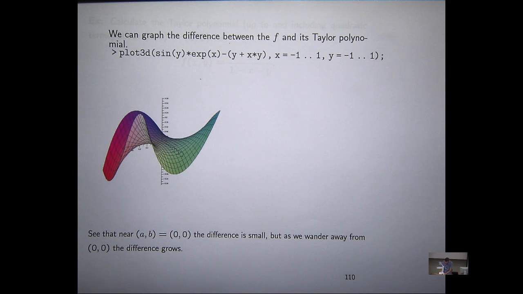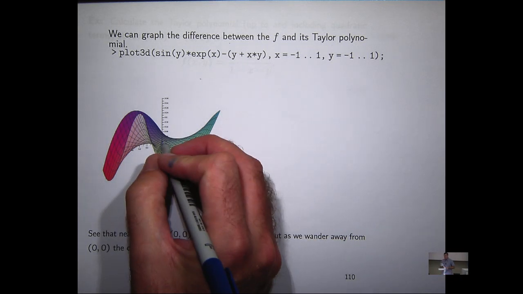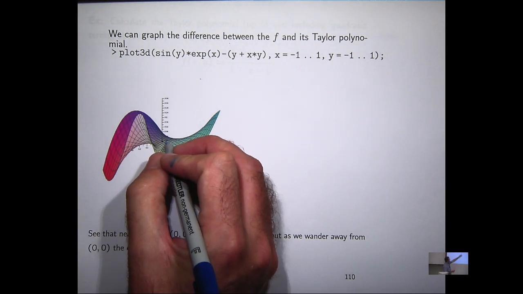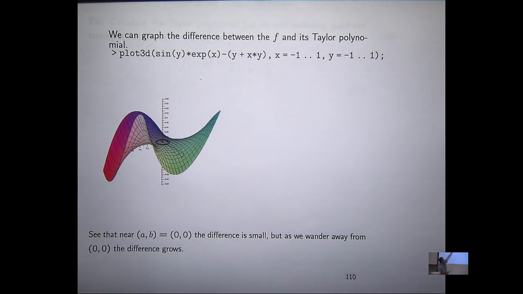Now, similar to the example from the last lecture, you can see that if I'm in the xy plane and I'm close to the point 0, 0, then that surface isn't too far above or below me. But if I move away from the origin, say I'm at the point 5, 5, then the surface is either going down or going up. It's moving away from the xy plane. So it means that the error is large.